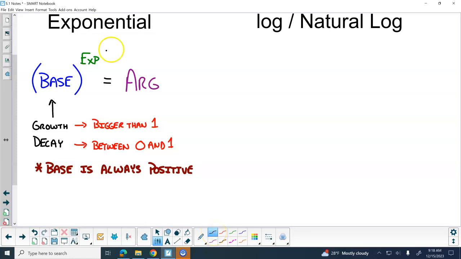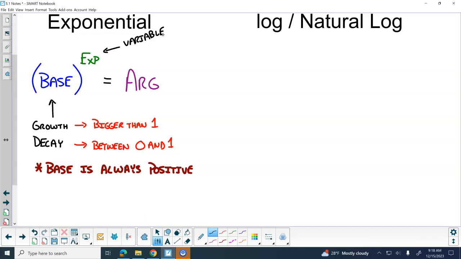The exponent is going to have the variable in it. And the argument is going to be the value of the function wherever we want.